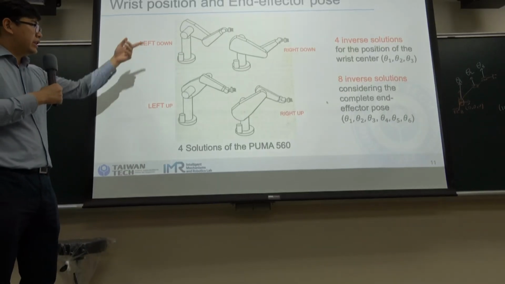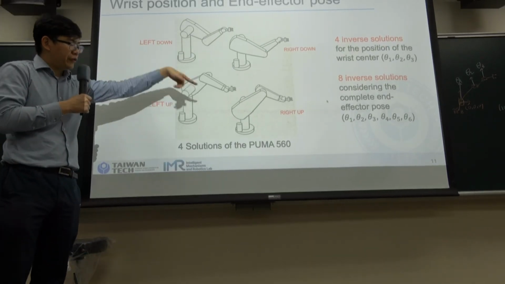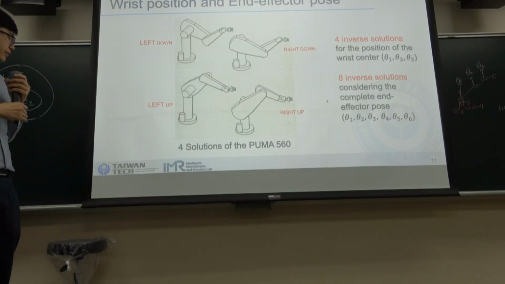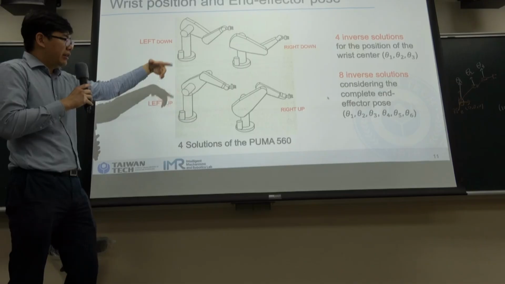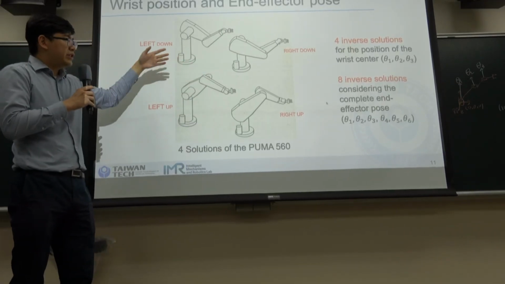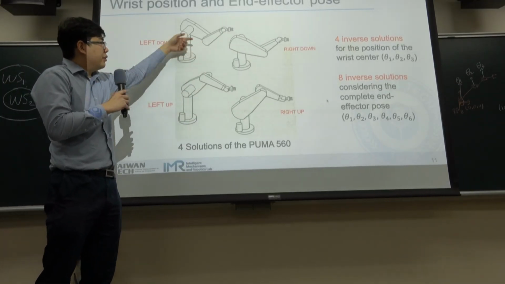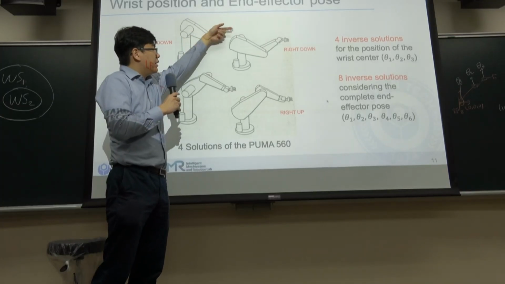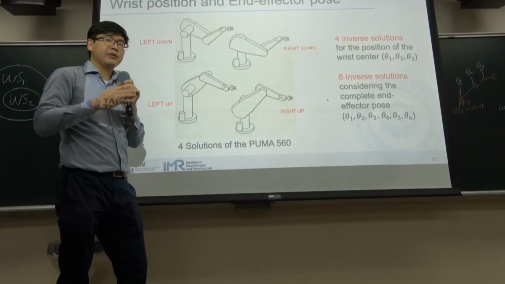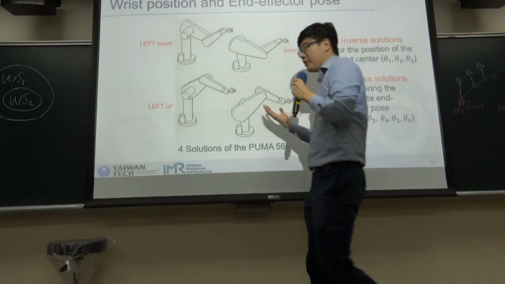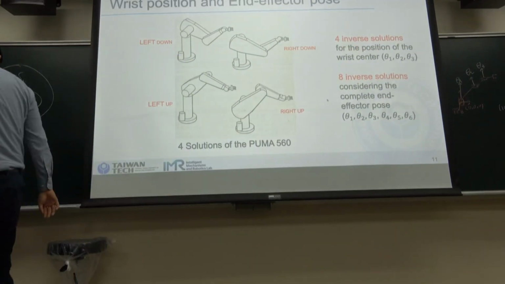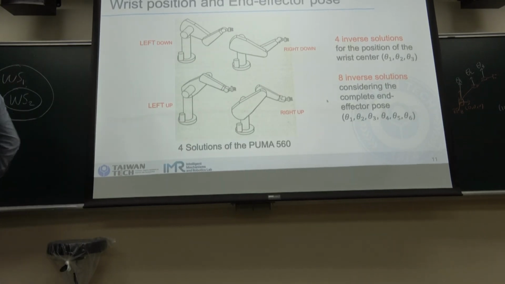And for this robot, it has 4 different solutions, which means that with 4 different sets of theta values, the end effector has the same configuration. So why will it happen? Why do we have different solutions? Or you can say multiple solutions.